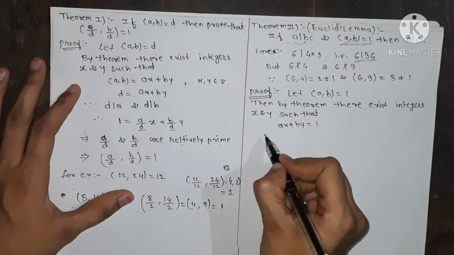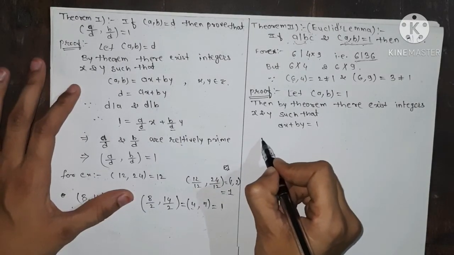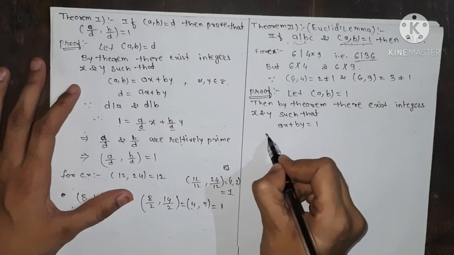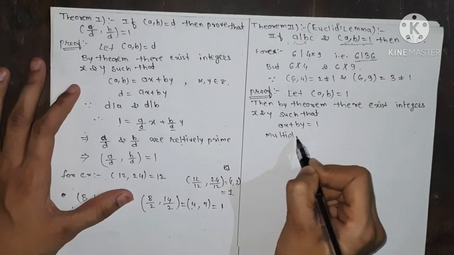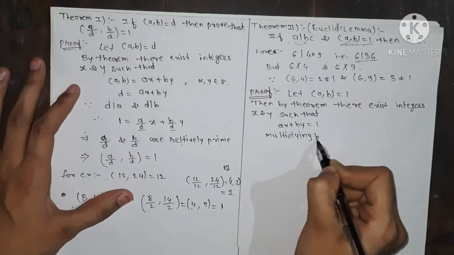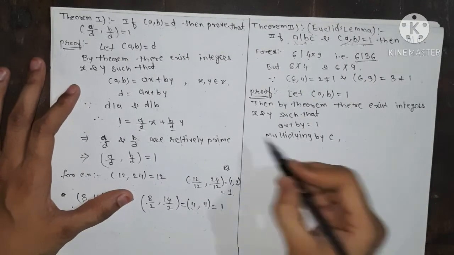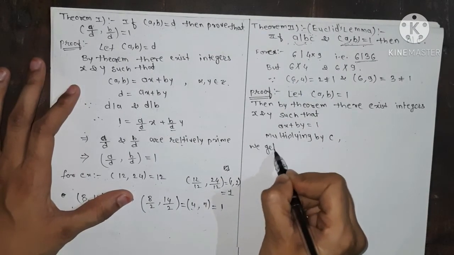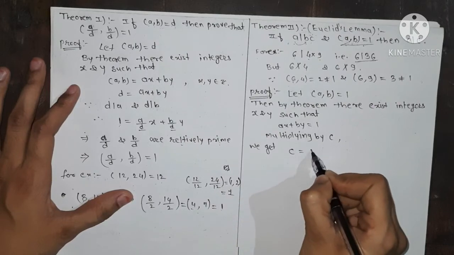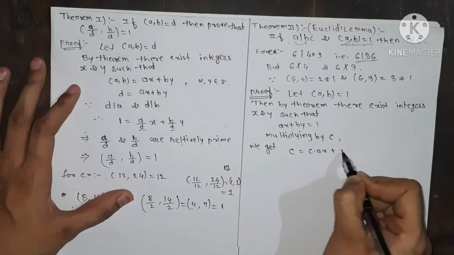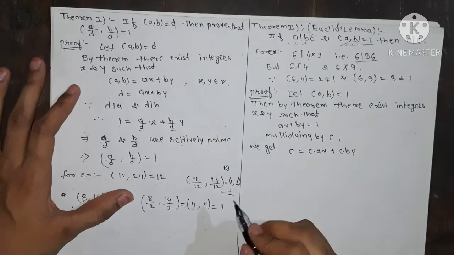We multiply this by c. We get c is equal to c into ax plus c into by.